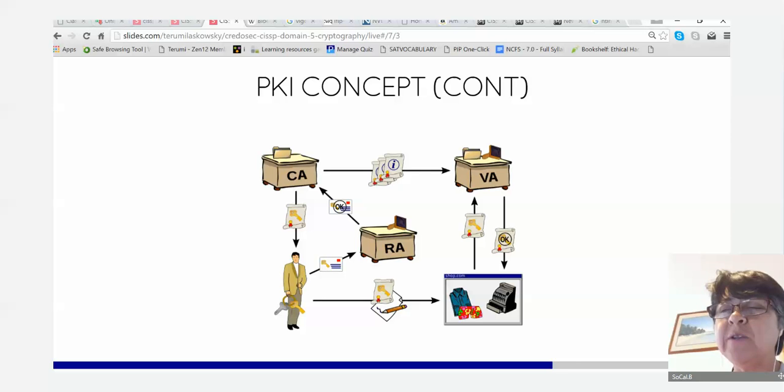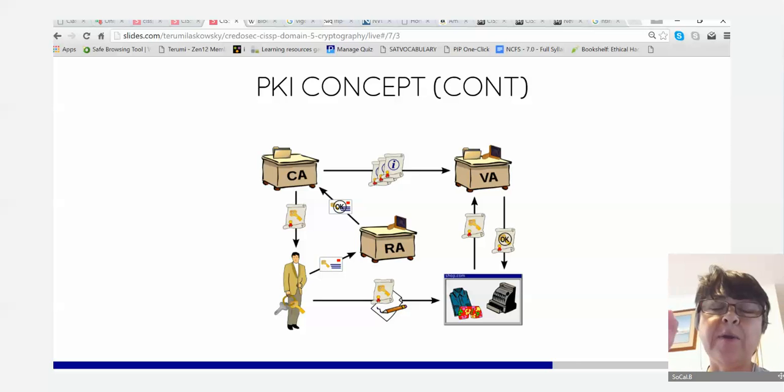RA will do a due diligence check to make sure that this person is exactly who he says he is, okay, and then gives a seal of approval to the certificate signing request, the CSR, and sends it back to the CA. CA creates the certificate, and of course the way they create it is exactly the way I told you when we created the X.509 certificate on the TLS example.